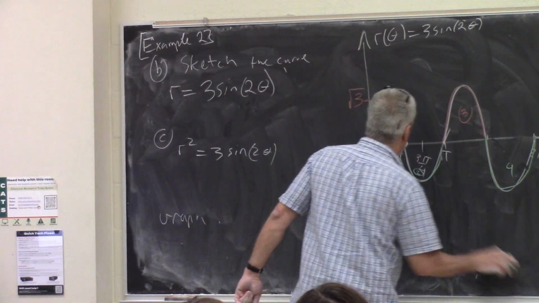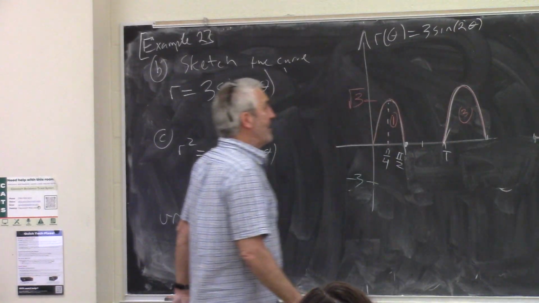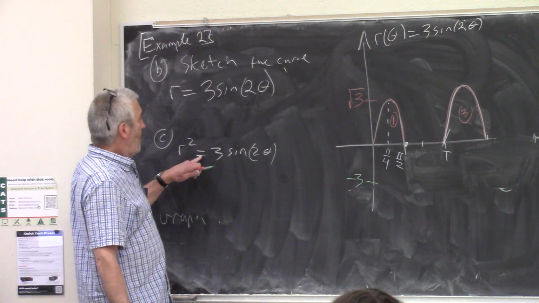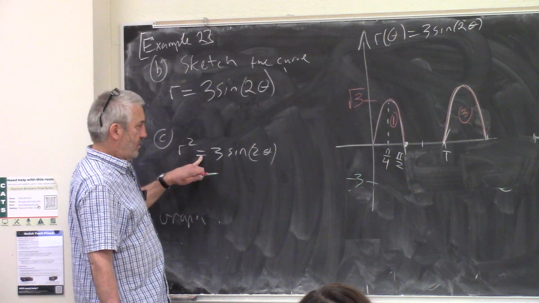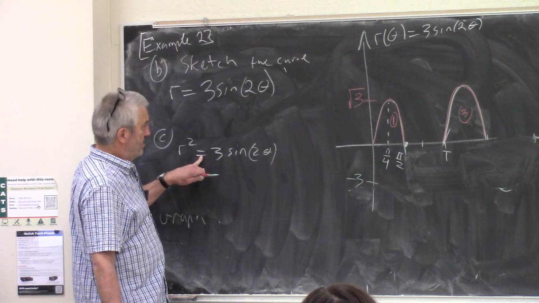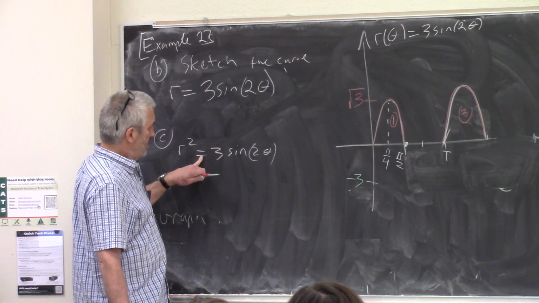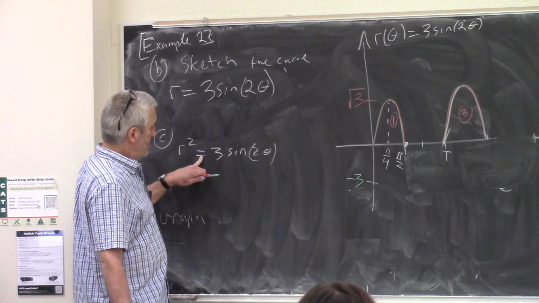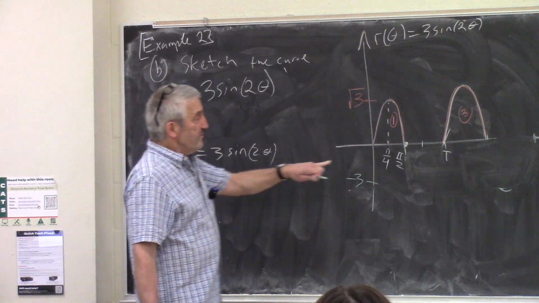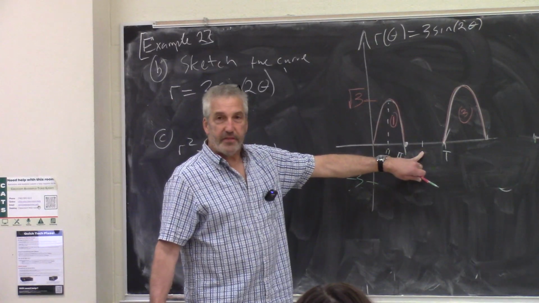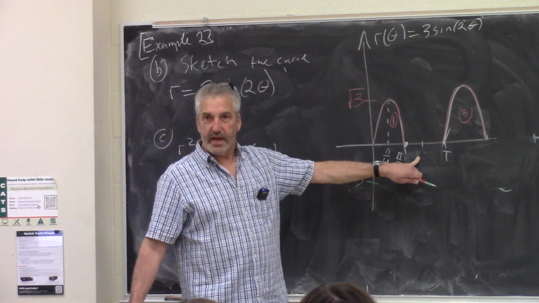So for this example, you think about that interval, 3 sine 2 theta was a negative number.